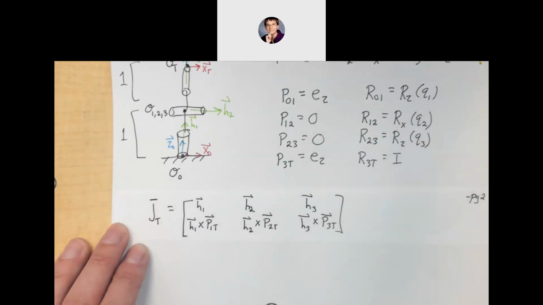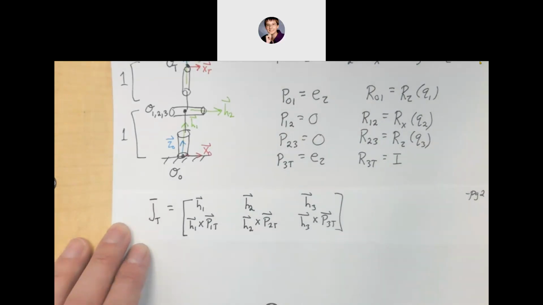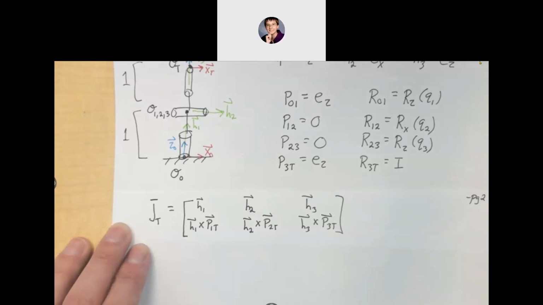Right. So the form stayed the same because we have all revolute joints, and we have 3 columns because we have 3 joints.